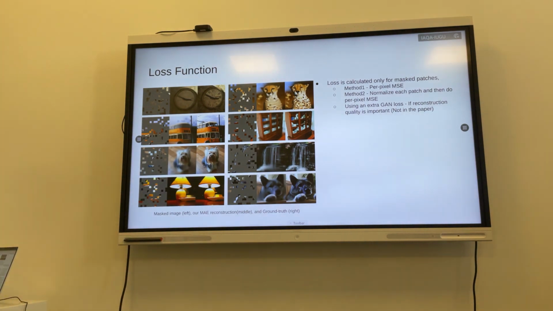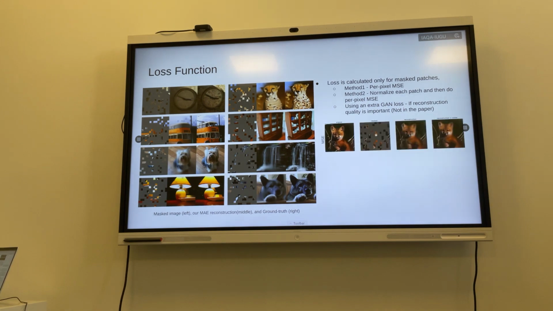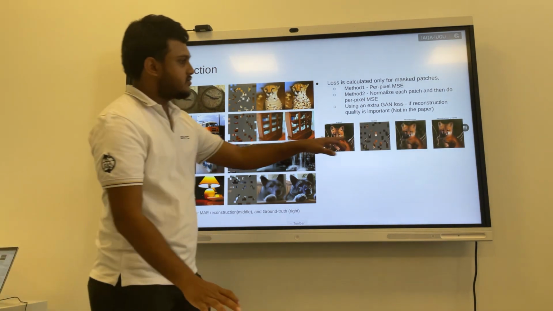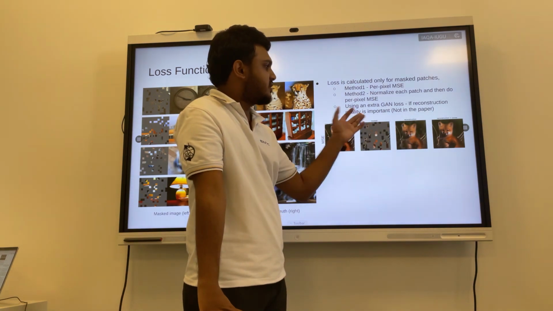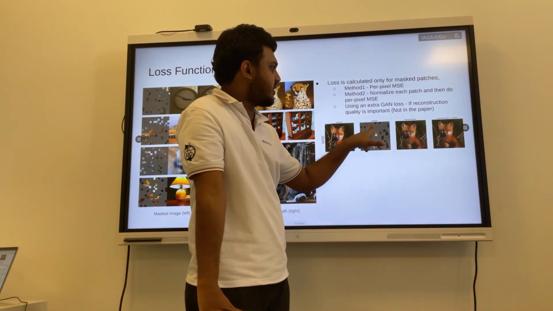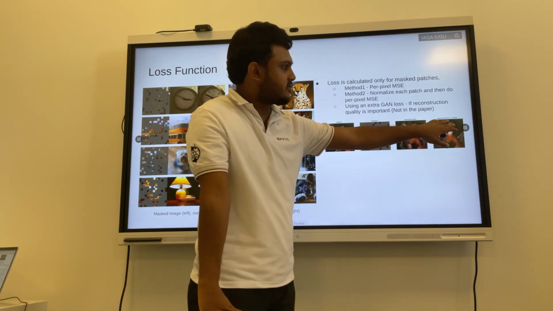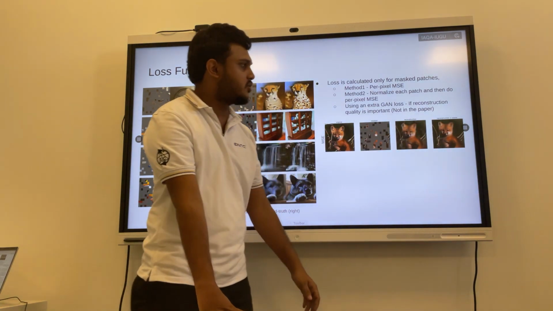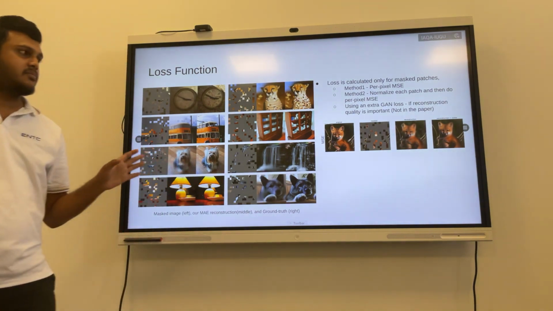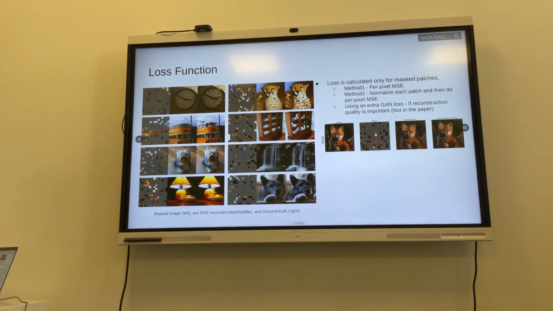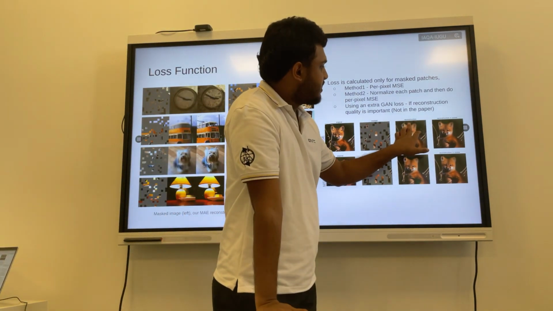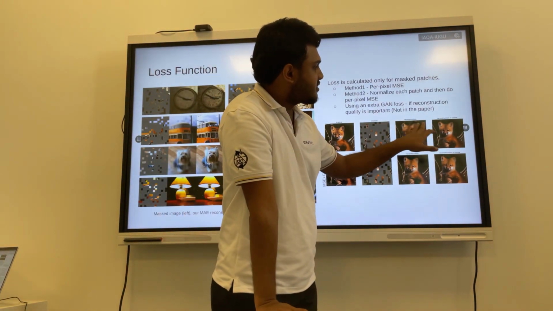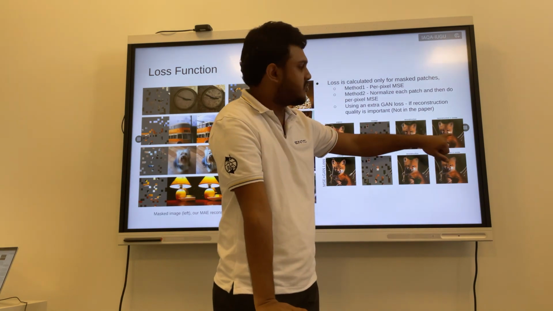And now when it comes to this reconstruction quality, we saw that the reconstruction quality for unmasked patches is lower, so they have said in the paper you can simply replace the unmasked patches here and get this kind of an output. They have mentioned that but they are not doing that. And even after replacing these low quality patches, the reconstruction still looks blurry.